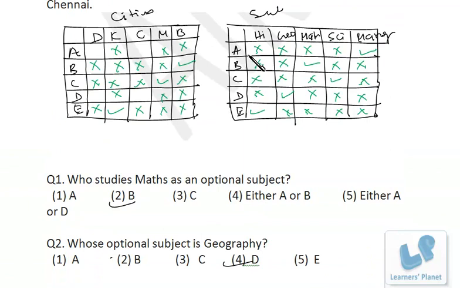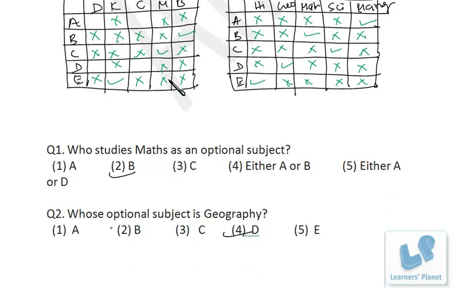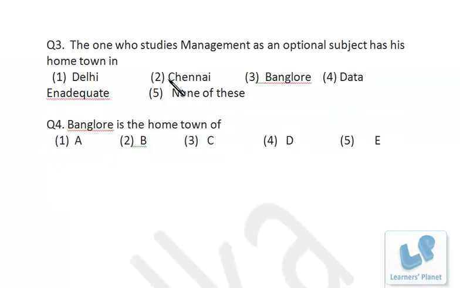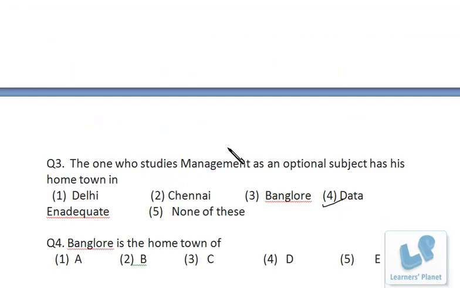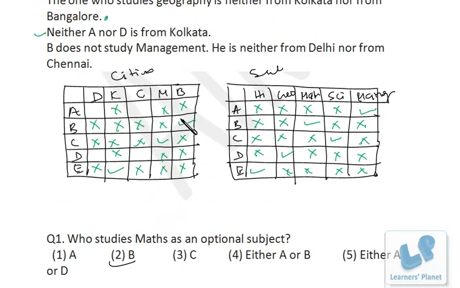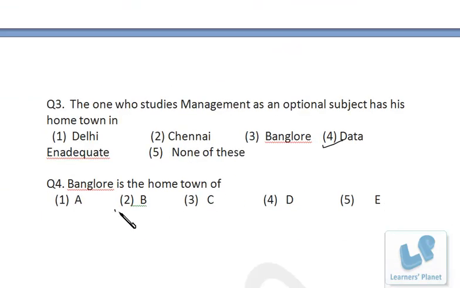A studies management, but we are not clear about his hometown. That is maybe Delhi, maybe Chennai, so it's data inadequate. Bangalore is the hometown of B, right?